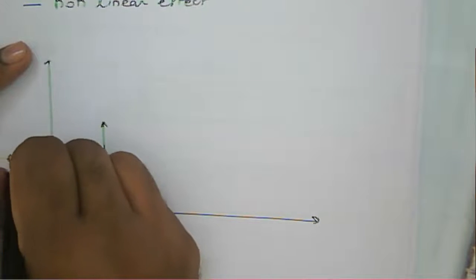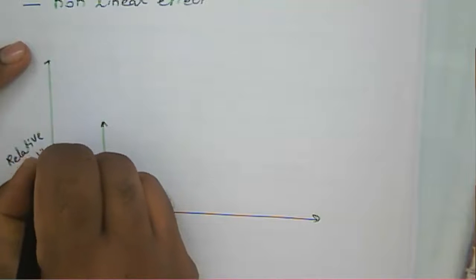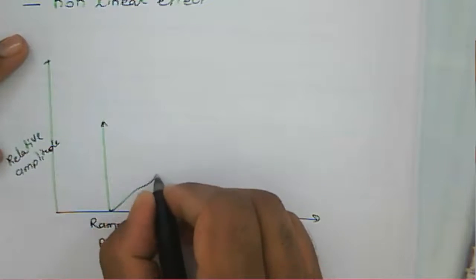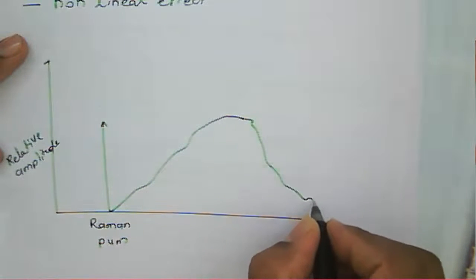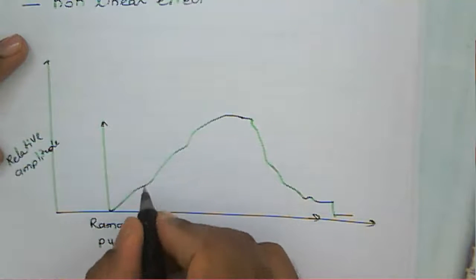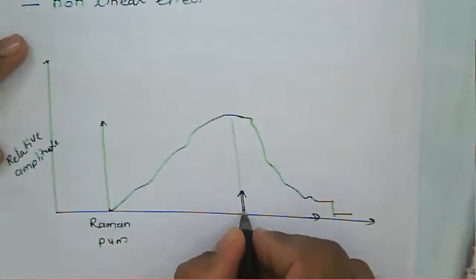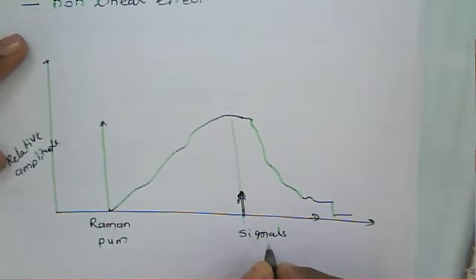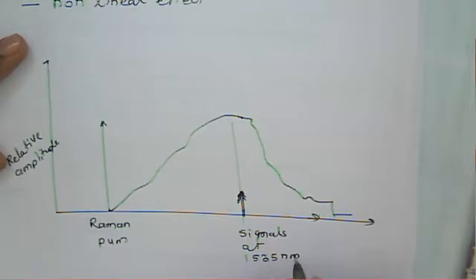This one is about the relative amplitude, and at this particular point there is a peak, signals at 1535 nanometers here.